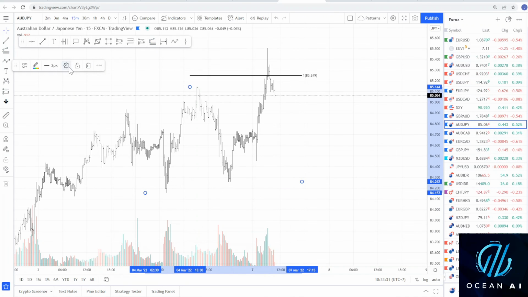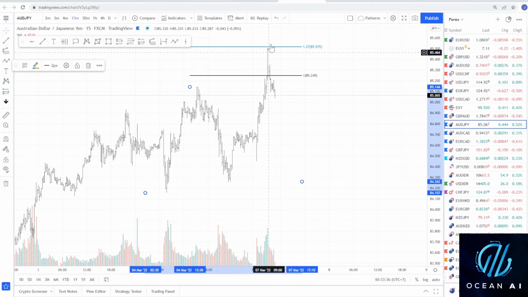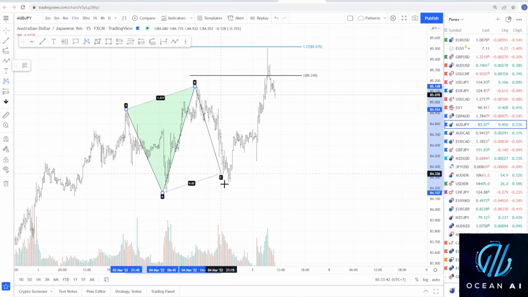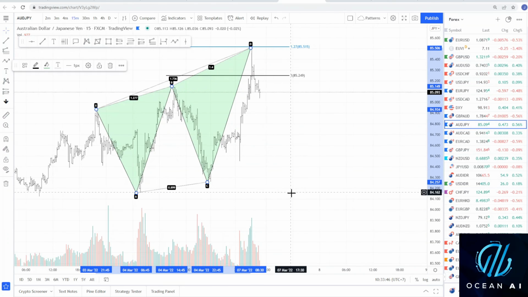We had this nice 3 drive this morning when it opened and it rallied up. So that was a nice place to get short. Same as the Aussie Dollar. We'll look for a pullback here to get short on that.